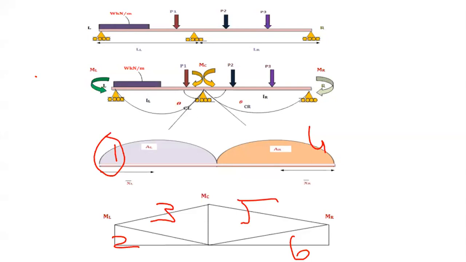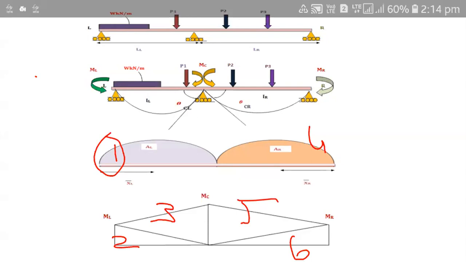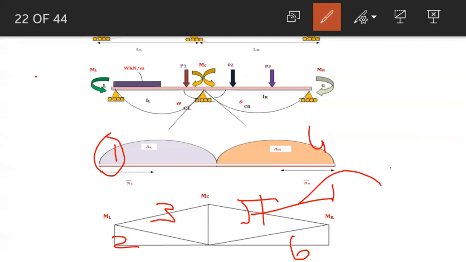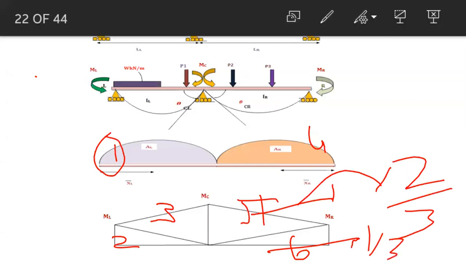For diagrams 3 and 5, this is the centroid location. So this is 2/3, and for the bottom one it is 1/3. Now we can write the equations.